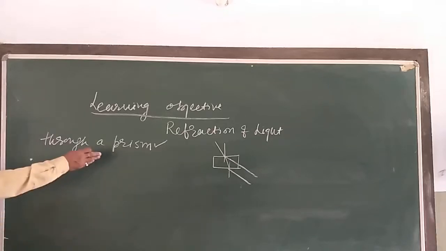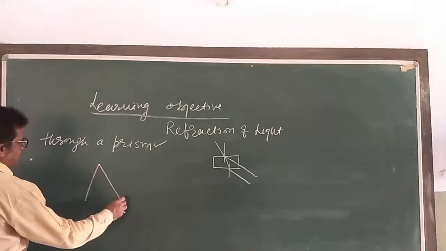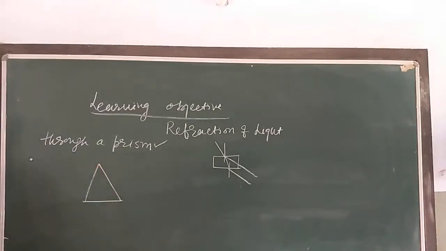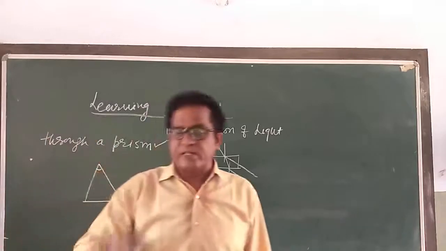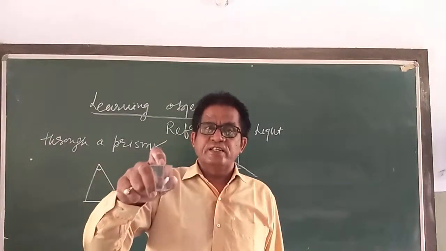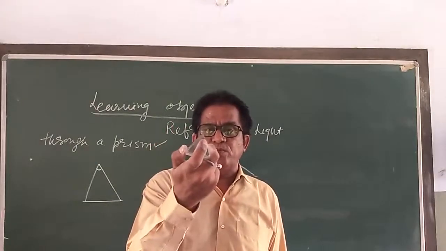So here a triangular glass prism has 2 triangular bases, and 3 rectangular lateral surfaces. These surfaces are inclined to each other at an angle, called the angle of prism. See the prism again here. So in this prism, this is called the angle of prism.